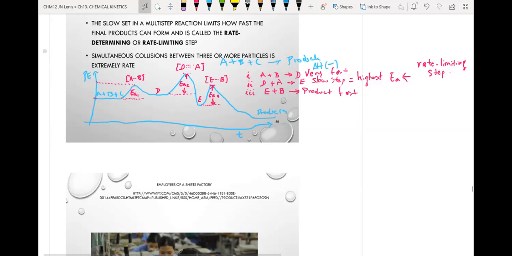In this example I created here, notice that this is the overall reaction, A plus B to make products, is this one here, which is exothermic. Notice that on this overall reaction, we don't see these species, D and E. They are not written in the overall reaction.